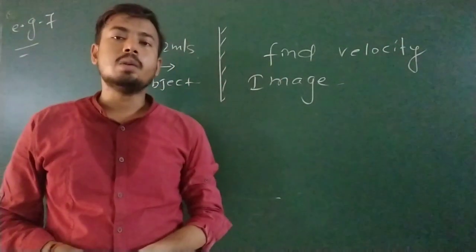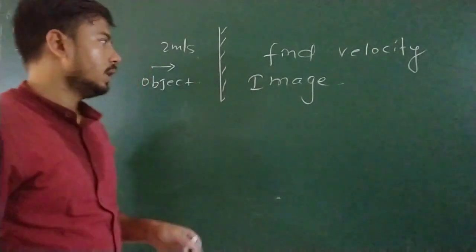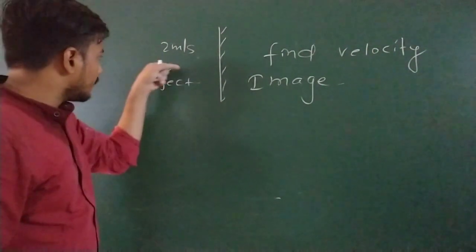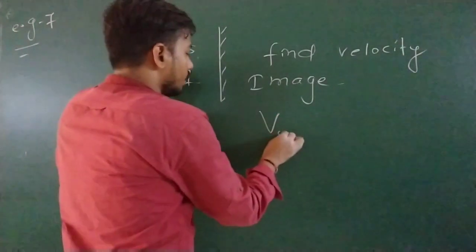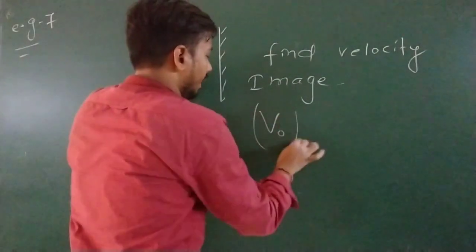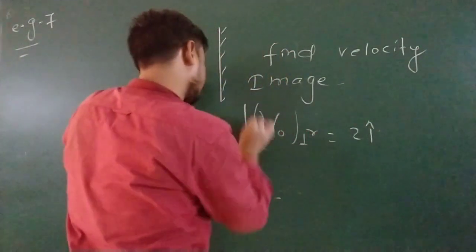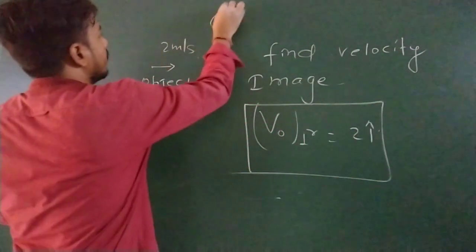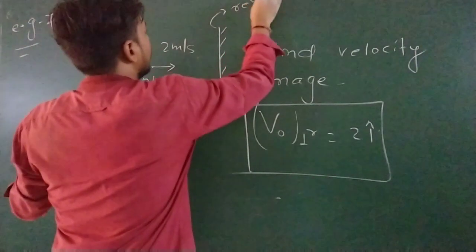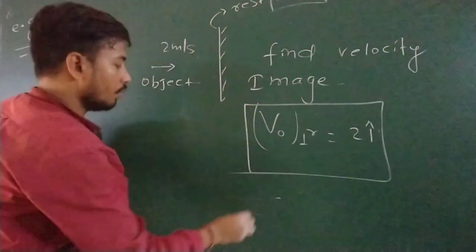In the perpendicular direction, velocity of image will be the reverse of velocity of object. So what is the velocity of object in the perpendicular direction? 2 meter per second, so 2i cap. And here the mirror is at rest, so velocity of mirror is equal to 0.